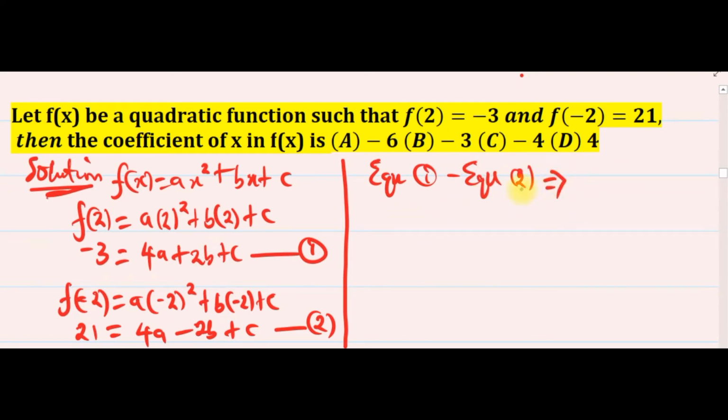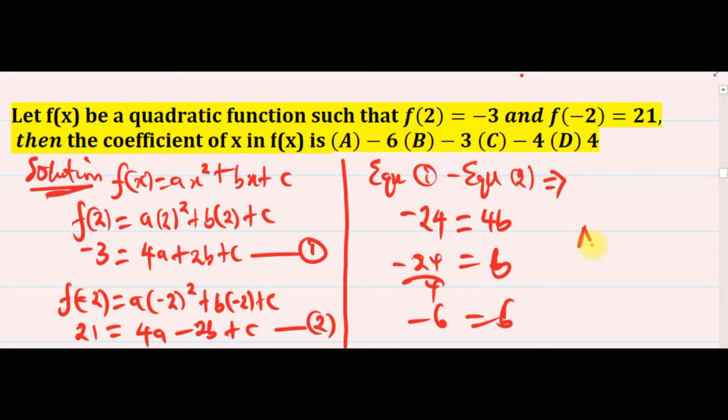Minus 3 minus 21 is minus 24, equals 4a minus 4a which is 0, 2b minus minus 2b is 4b, and finally c minus c is 0. So 4b equals minus 24 over 4, which is minus 6. So our answer is A.